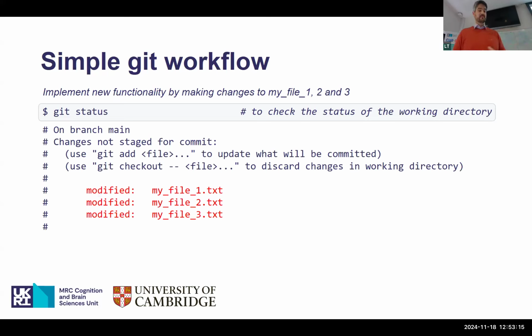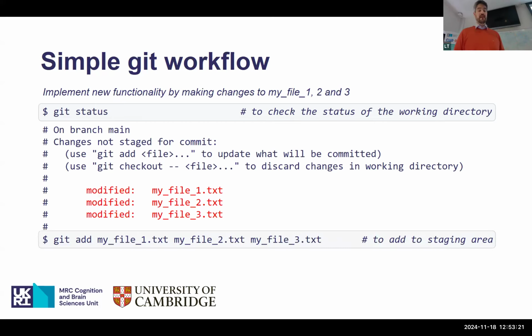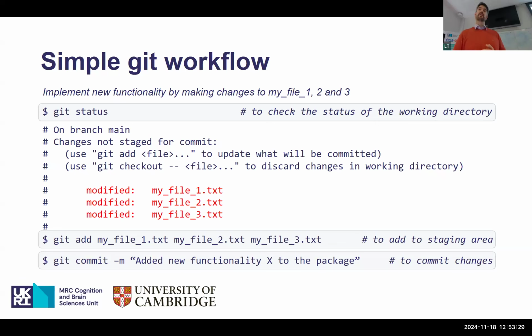On branch main, changes not staged for commit. These are the modified files. And then you can add these files to the staging area using git add. And then you can commit them with the git commit command with the -m flag, which is the commit message.